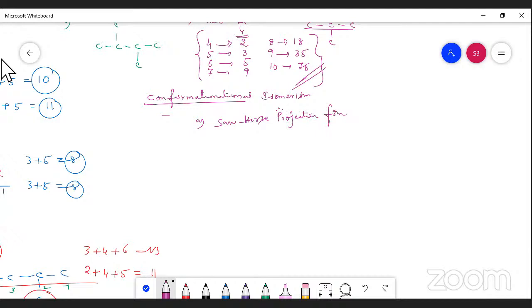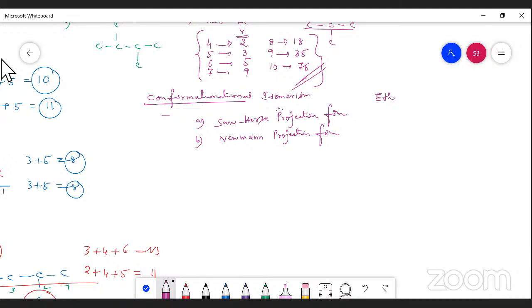The second one is the Newman projection form. What is a Sawhorse projection form and what is a Newman projection form? I am drawing the Sawhorse projection form and Newman projection form for the compound ethane.